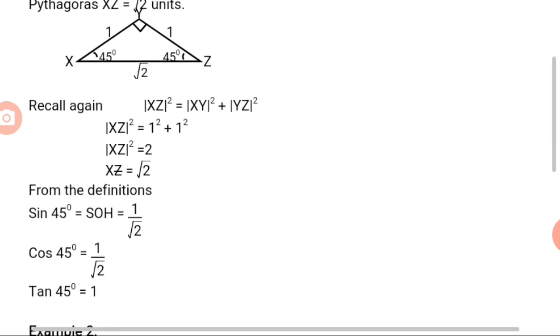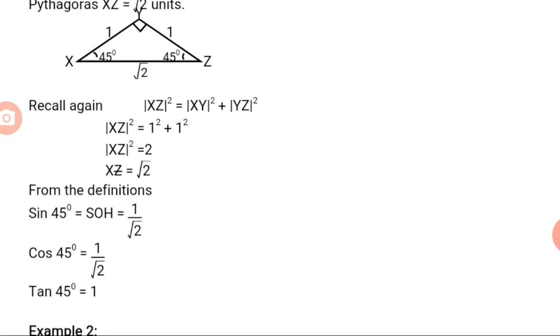Are we together? Therefore, cos 45 degrees. Cos is CAH, that is adjacent all over hypotenuse. The side that is adjacent to 45 degrees is 1, and the hypotenuse is root 2.